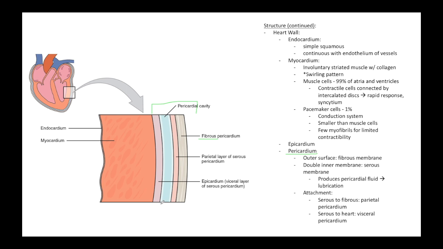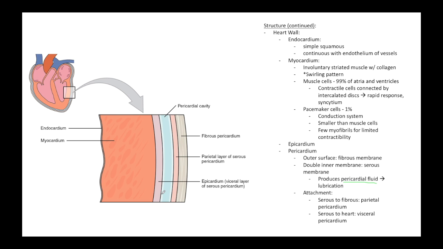This is this blue layer here that I'm outlining, and this serous membrane houses the pericardial cavity, which inside all of this slightly darker blue area is where pericardial fluid is produced, and this provides lubrication for the heart.